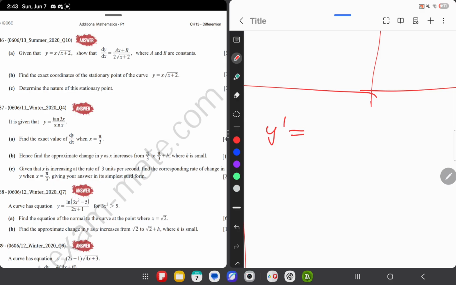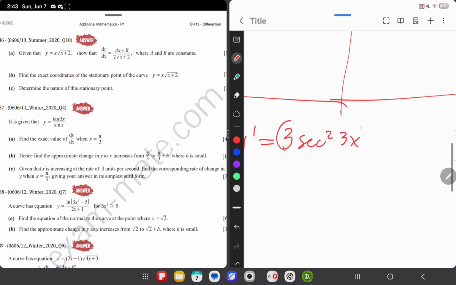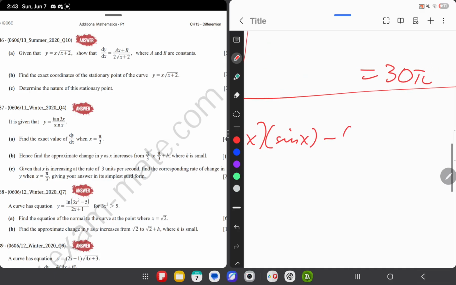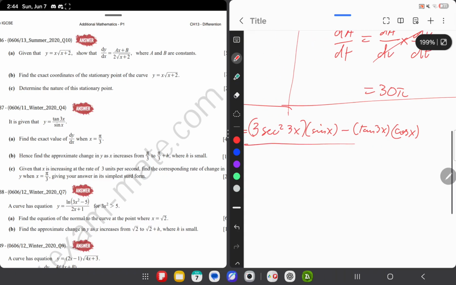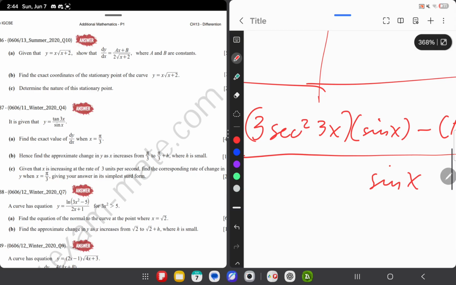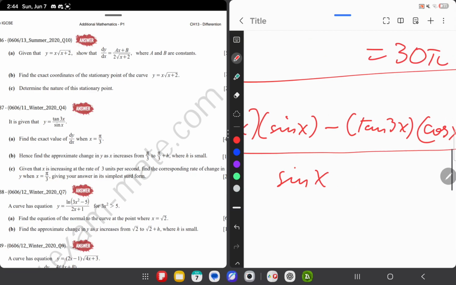The derivative of tan of 3x is 3 secant squared of 3x, times sine of x, minus tan of 3x times cosine of x, all over sine squared of x. Now we want to evaluate this at pi over 3.